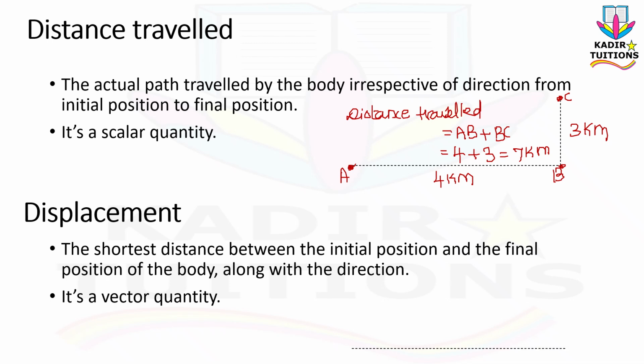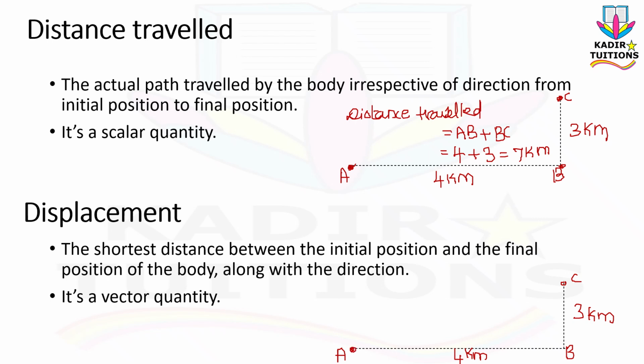Now we'll see the same problem with respect to displacement. So here the same question. I can mark this as A and this point as B, same 4 kilometer. And again from B to C we will be having 3 kilometer. So what is actually displacement? That is the shortest path from the initial to the final position.